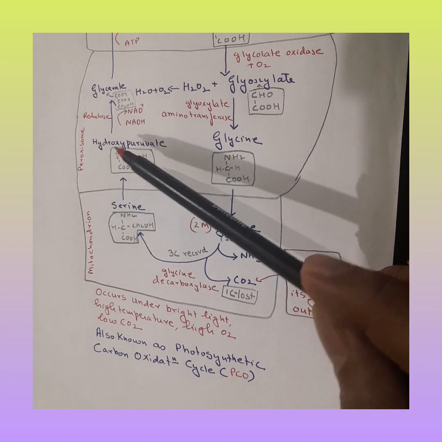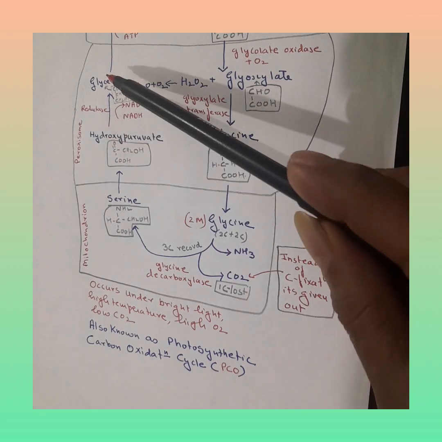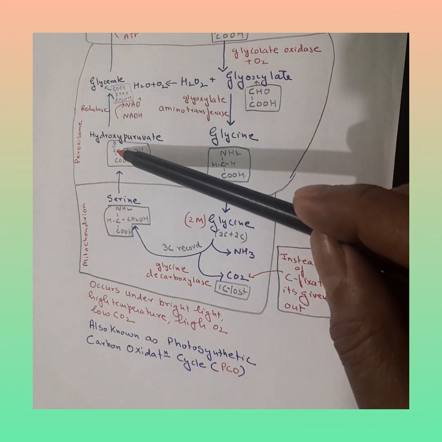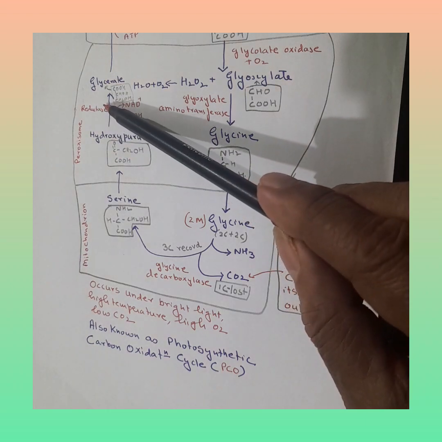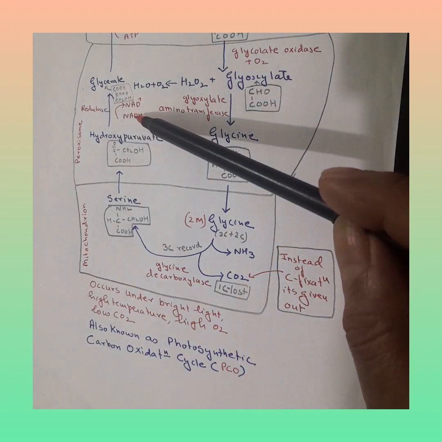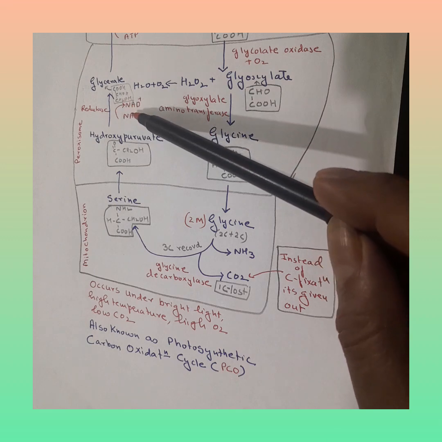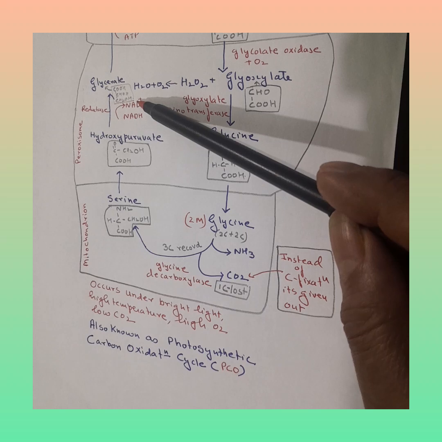When the molecule moves from hydroxypyruvate to glycerate, it is a reductase enzyme which works on it. Reductase obviously means reduction, hydrogenation, and NADH is used where hydrogen is utilized and NADH gets converted to NAD+.